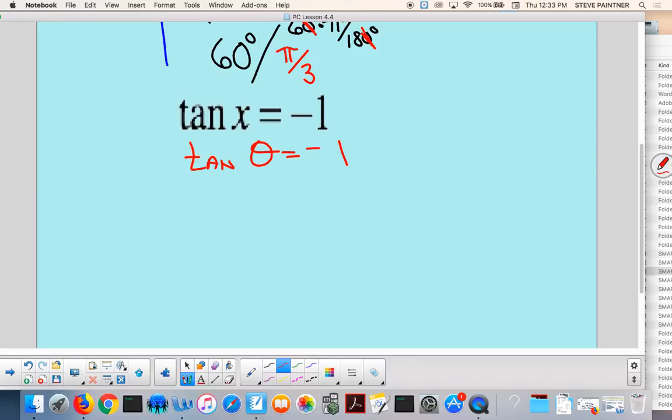Yes to that one, and yes to that one, and no. Something went wrong there. Well, it's not 7/8 pi. 315 is correct. That's correct, but your radians are wrong. Just point, and I'll look right there.